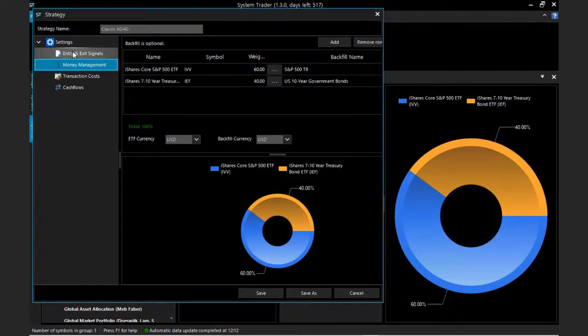So, for example, if you are not located in the United States and you would like to see how your portfolio is working if you are converting this to euro or to Japanese yen or whichever currency you are using, then it's very helpful to see how that portfolio is performing in your local currency.